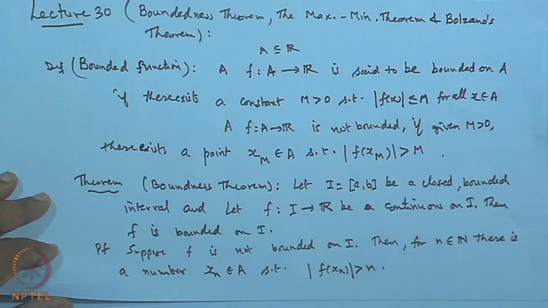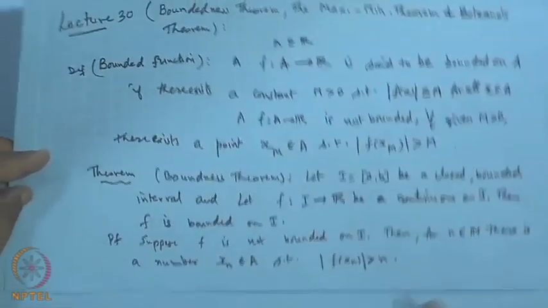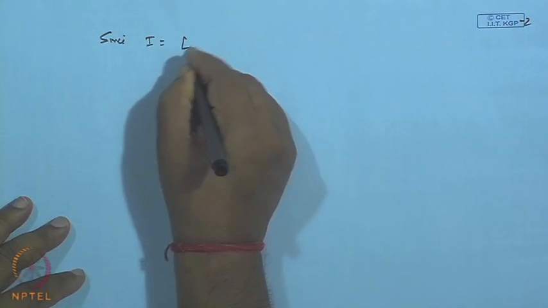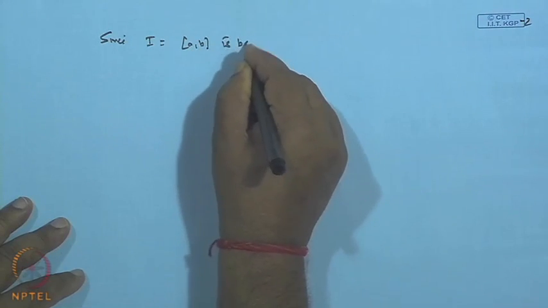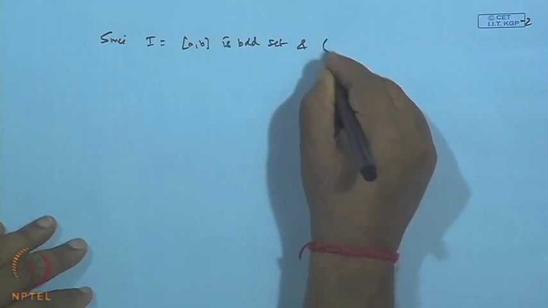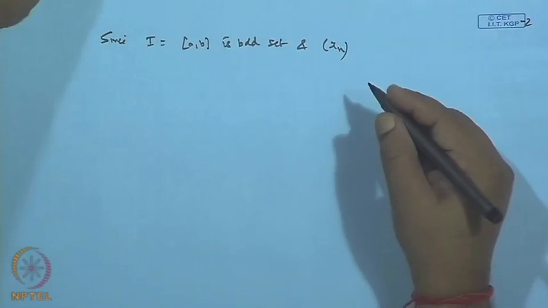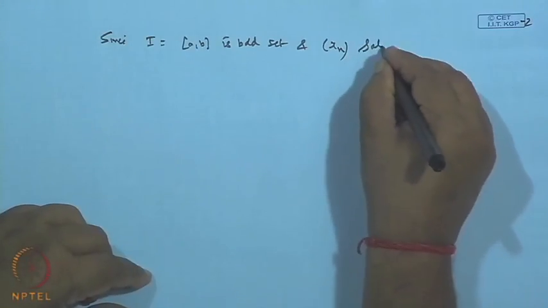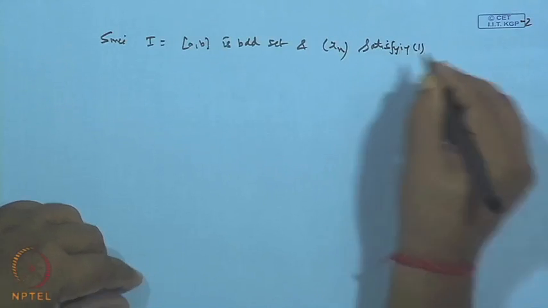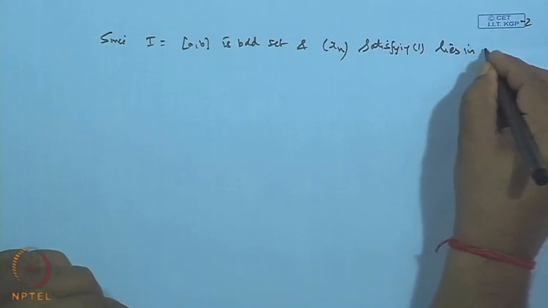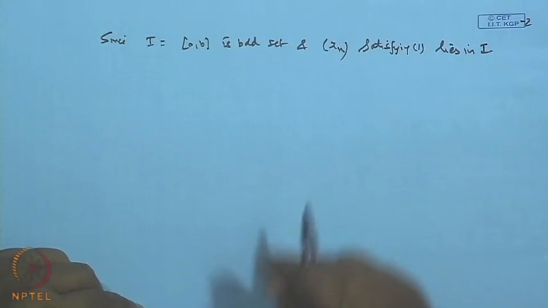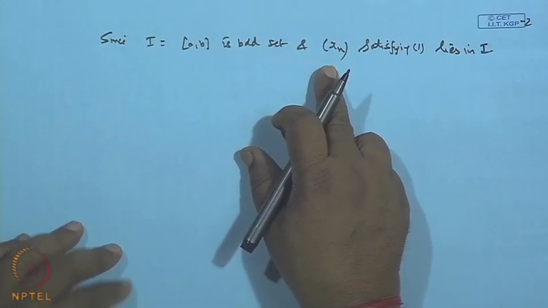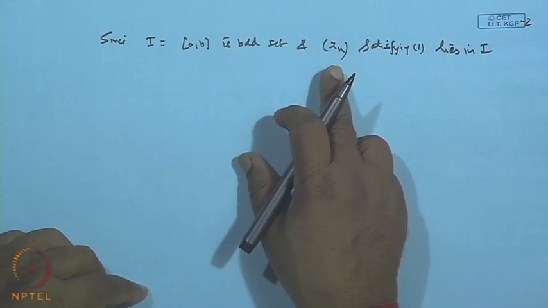Okay. But since I is a closed bounded interval, it is a bounded set, and all these terms x_n satisfying the condition lie in I, and I is a bounded set.